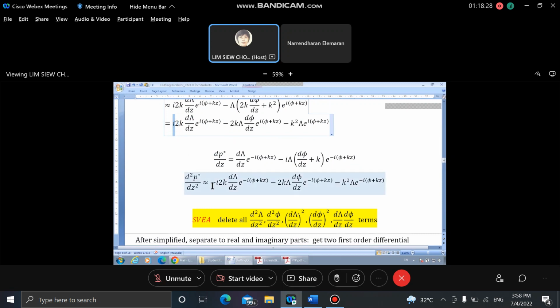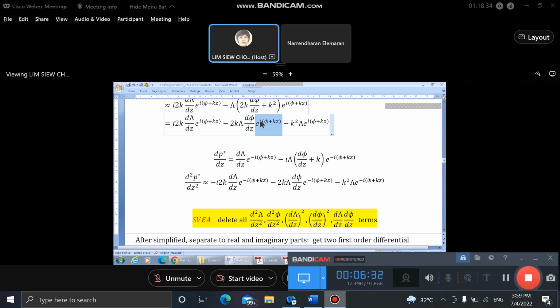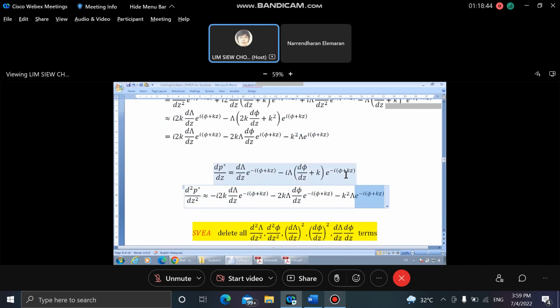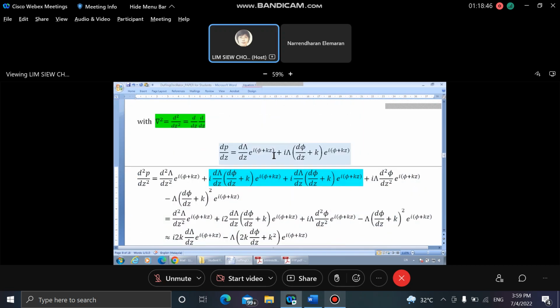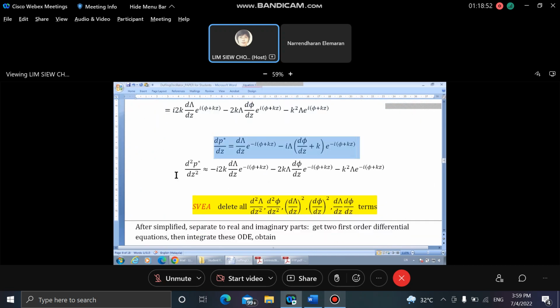Positive becomes minus. This is the real one, nothing changed. But exponent i becomes exponent minus i. Here it doesn't change, but the exponent i becomes exponent minus i. All right. So altogether, we have 4 results to substitute. This one, this one, this one, and this one.